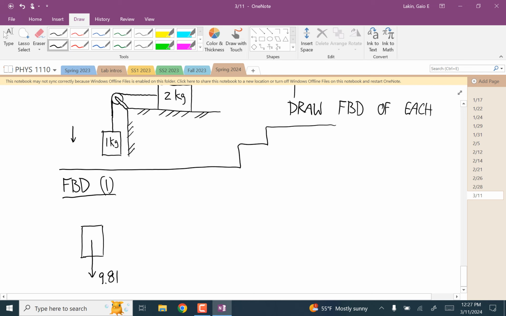Where's that? Yep, at the top, the cable does. That's a pulling force. So the force is parallel to the cable, away from the body, and I'll call that T. So notice there was nothing in this free body diagram that the direction mattered for at all. But with the friction, there will be.